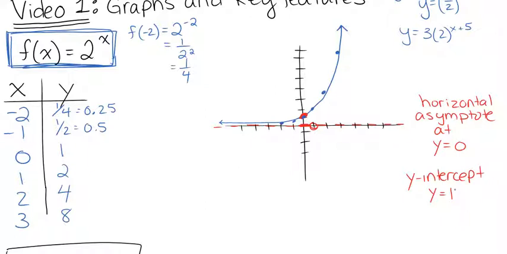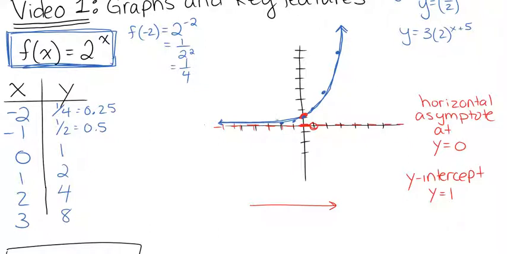Another thing we can notice is, as we go along the domain from left to right, looking at all of these x values and what's happening to our function, our graph is increasing. Its slope is increasing. It's a pretty horizontal line here, and then it's getting steeper and steeper. So our slope is getting bigger, and our y values are getting bigger.